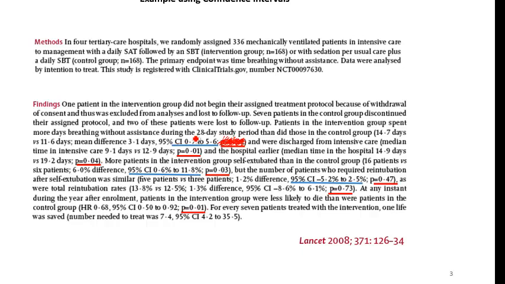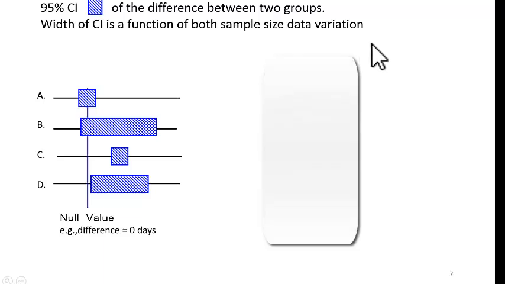but I'm not okay if you show only the p-value, because there is information you can get from the confidence interval that you can't really get from the p-value. Okay, so let me explain what that information is. A, B, C, D are showing four different confidence intervals.